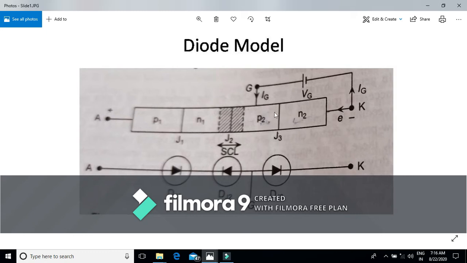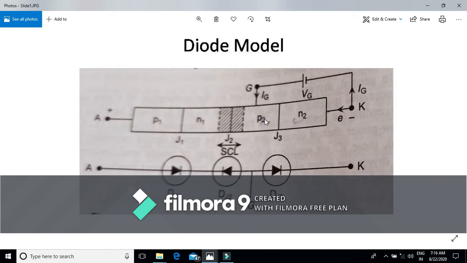Or we can say this inner layer is flooded with a large number of electrons, and this inner P layer loses its property as a P layer, as this layer is lightly doped.